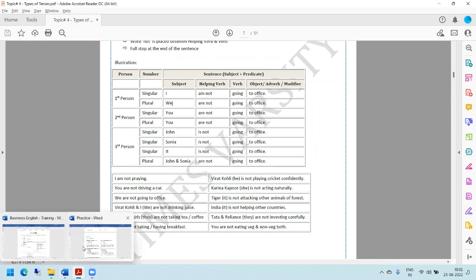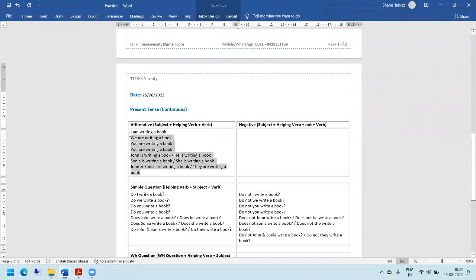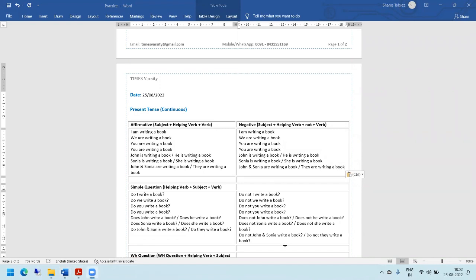Now here we will make our own sentences. In affirmative, we just add not as an extra word, so it becomes negative. Now, anyone? I am not writing a book. Yes.